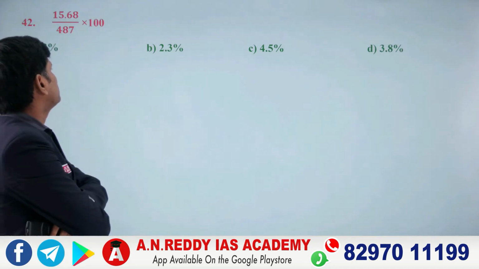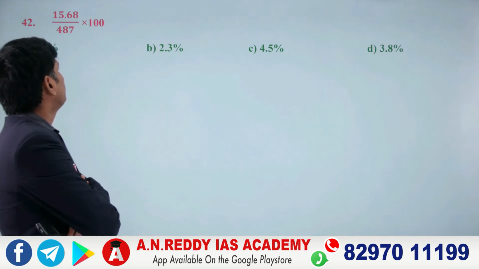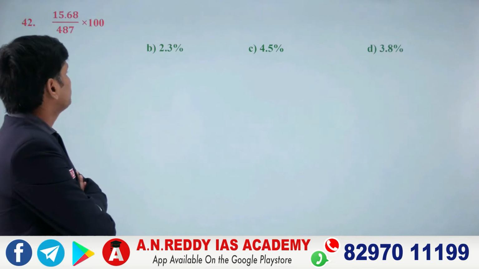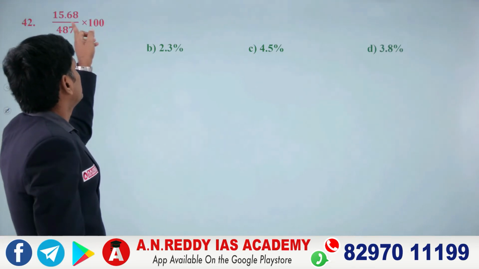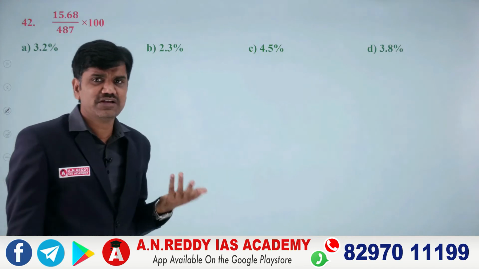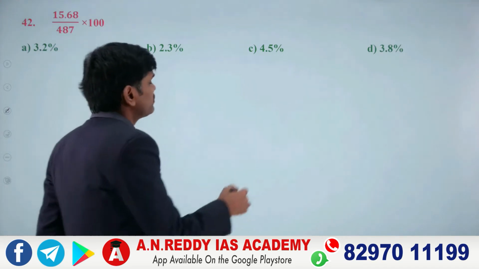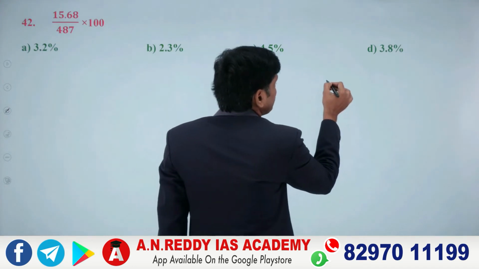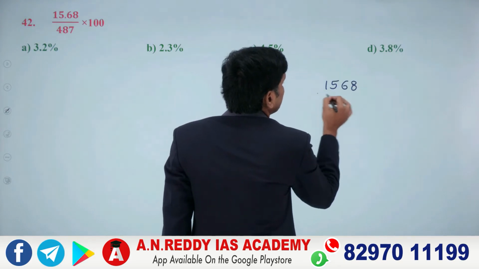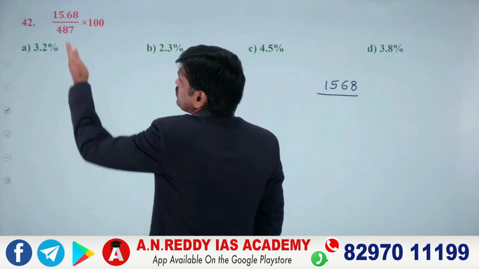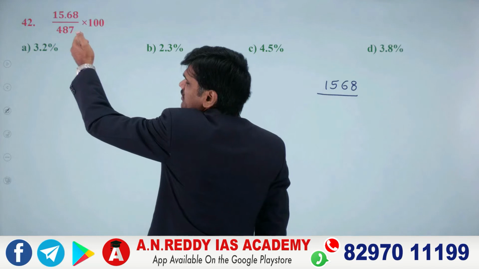15.68 by 487 into 100. No issues. If you wish to eliminate the decimals, you eliminate them, or otherwise you can carry forward those. So I am trying to eliminate first. 1568 by, as you are moving the decimal by 2 places to the right, you have to move it by 2 places here.